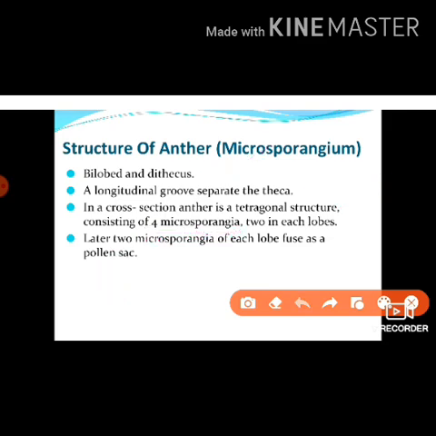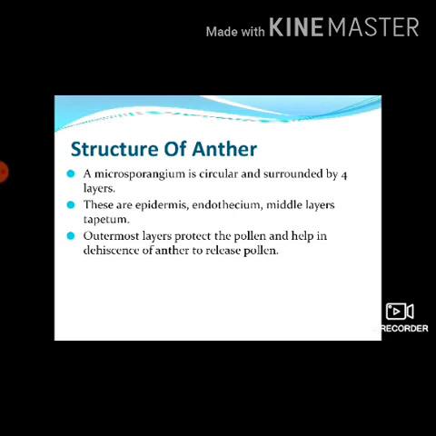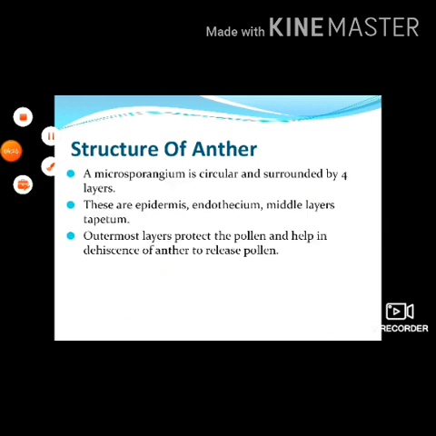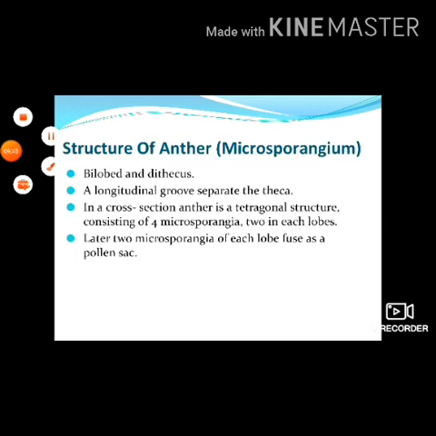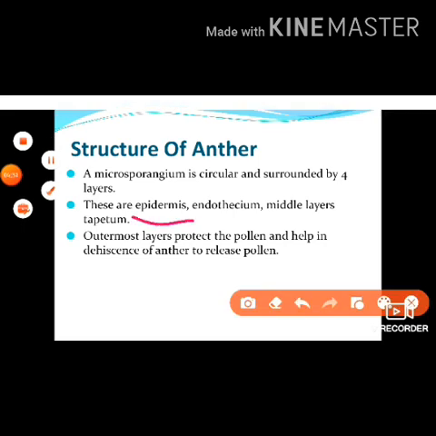These were already explained. Then it is continued: the wall usually contains four layers. Those four layers are epidermis, endothecium, middle layer, and tapetum.